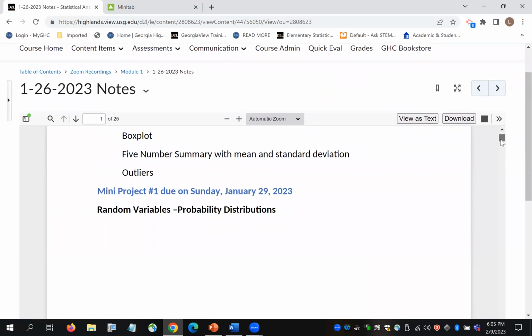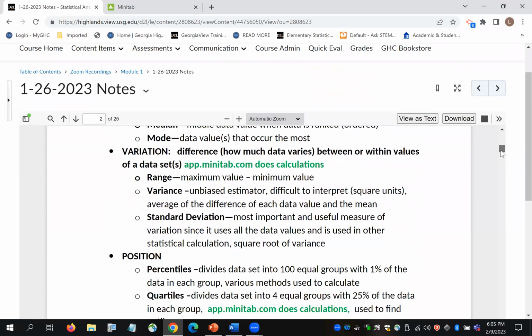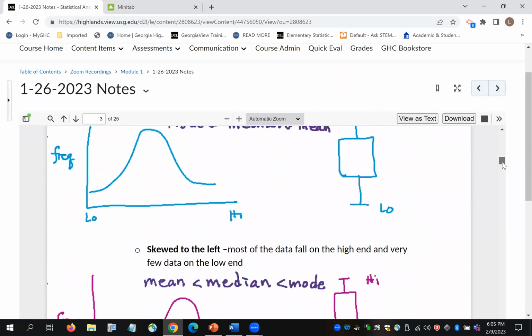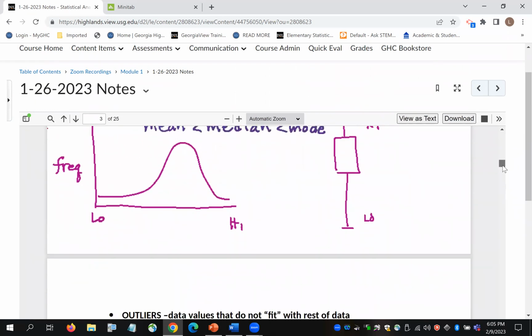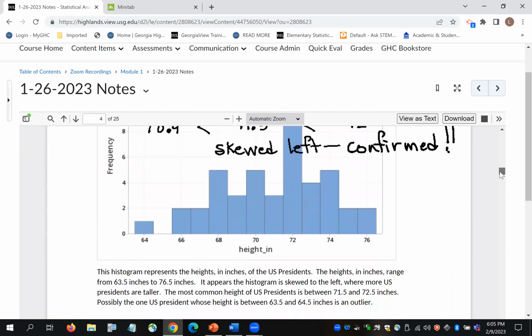I started saving those and posting them to the folder so that you could either go back through and fill in your notes that you took during class if you missed something, or if you have the capability and want to do so, you could actually print these off.